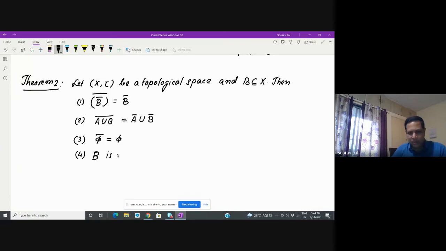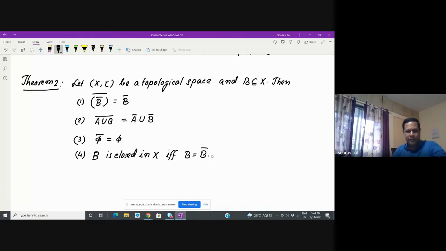B is closed in X if and only if this is equal to its closure. So again, you just prove it using simple set theory. You just take it as a homework. Okay.